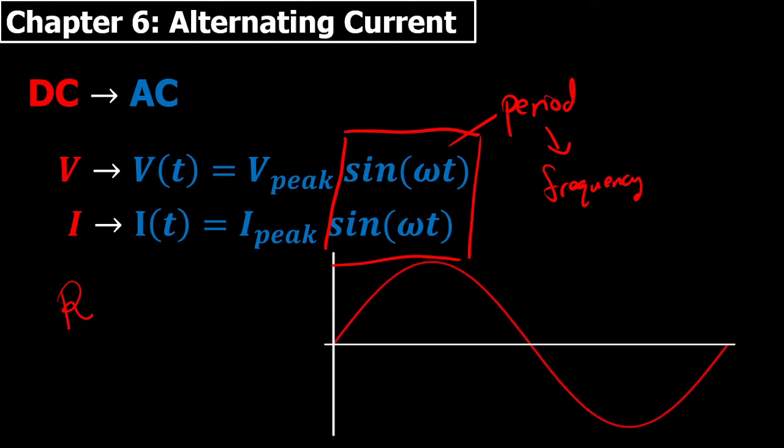Next, there is an idea in alternating current called root mean square. You can find the derivation in my notes and many other physics textbooks, but let me present a graphical argument for it.